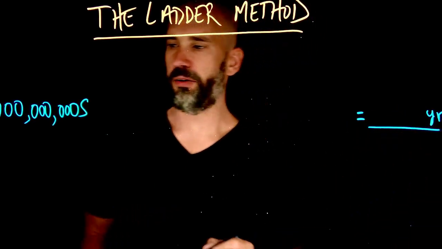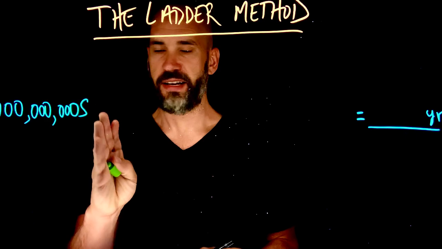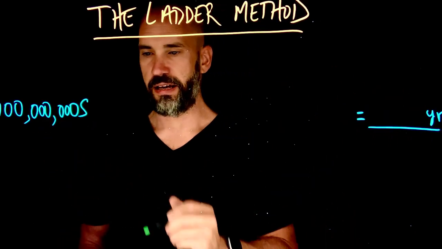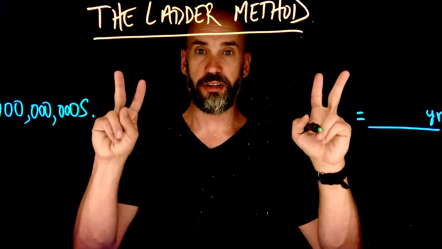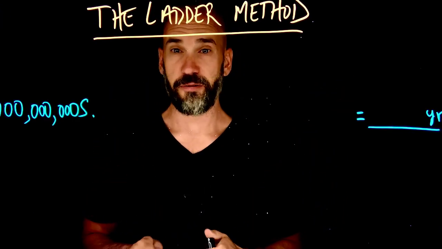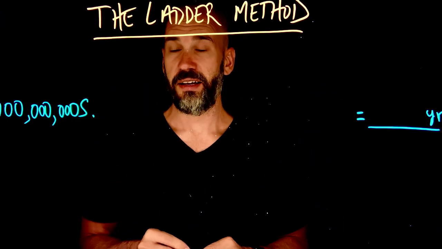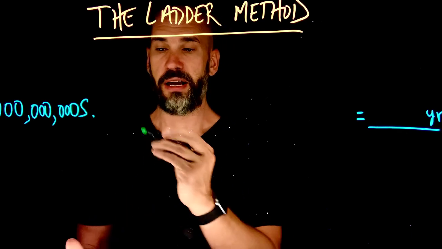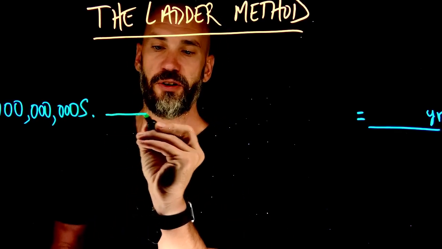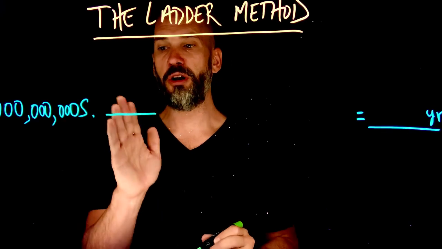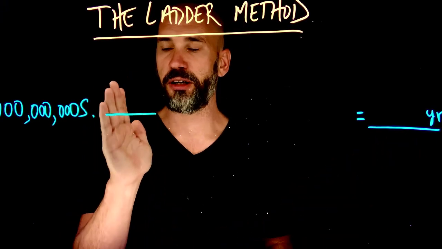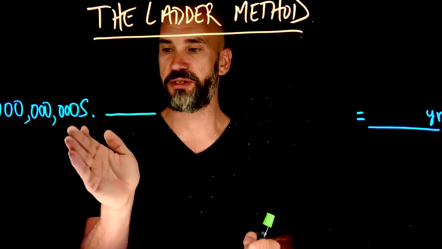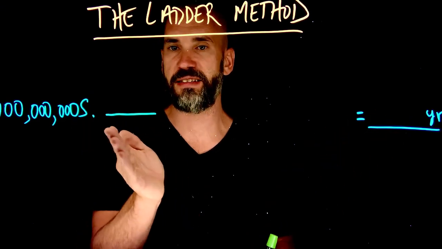Now, we want to convert a billion seconds into some amount of years. So the first thing we want to do is multiply by what's called a conversion factor. And a conversion factor is simply a magic one. It's a factor that converts one set of units to another. Now, we don't know how to jump from seconds to years right away, but we know something a little bit closer. So what's the next unit bigger than seconds?